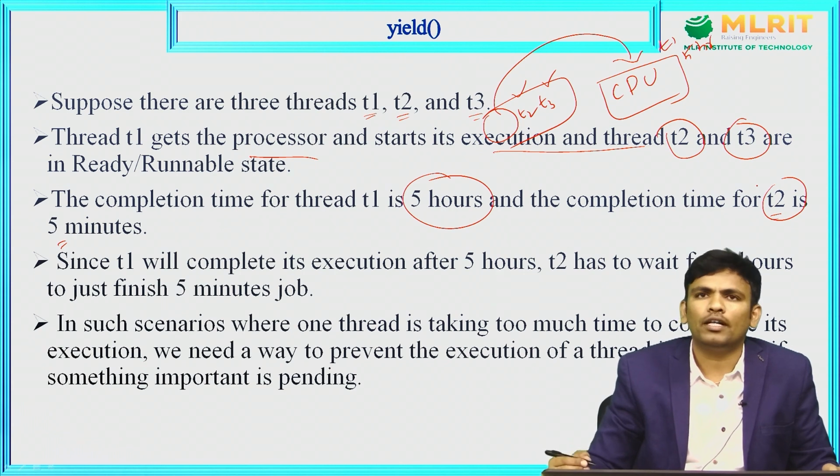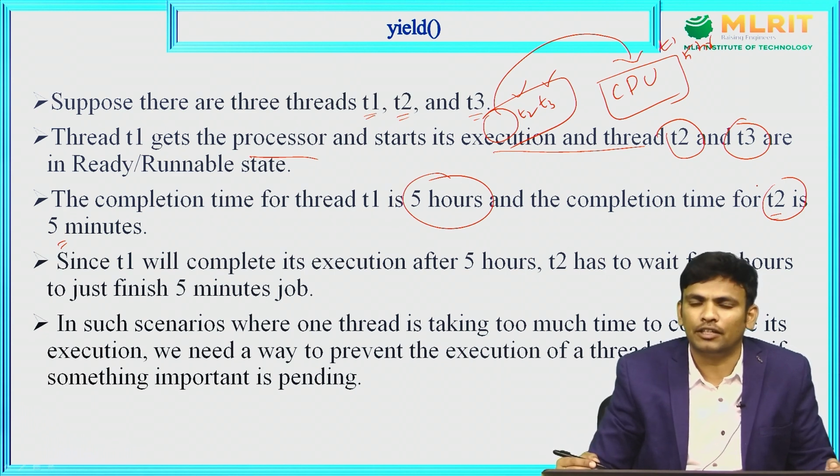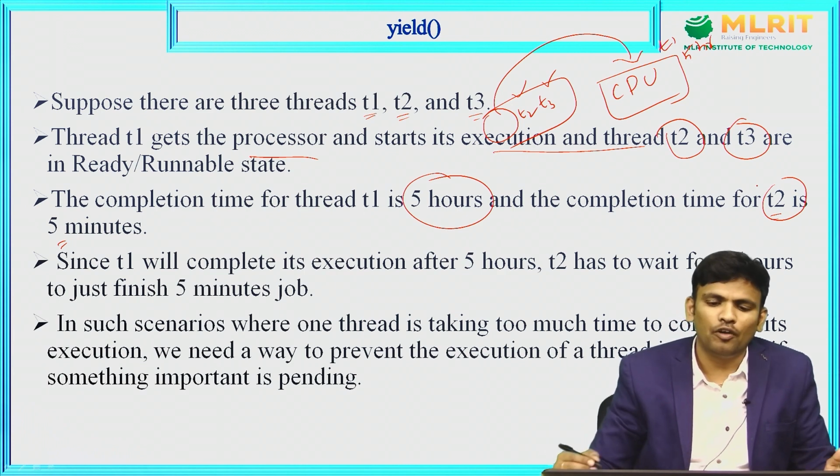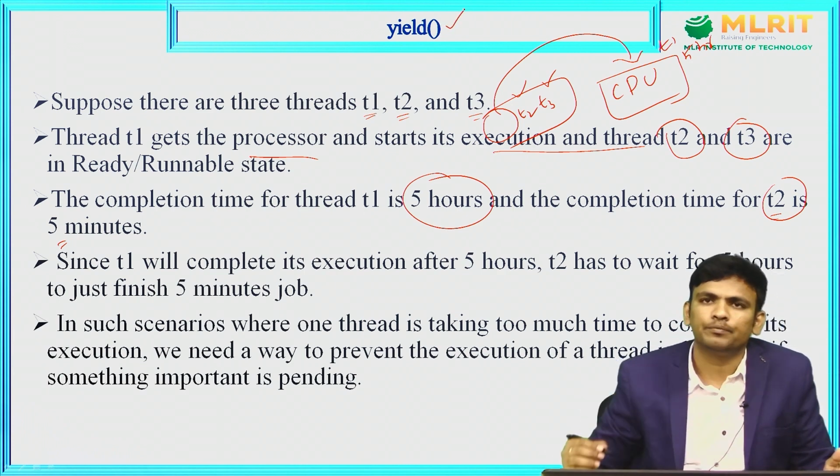To avoid this type of problem, if any long-running thread is executing on the CPU, you apply the yield method. The yield method checks the thread pool every specified number of seconds, looking for any higher priority thread in the waiting state, and gives it a chance to execute.